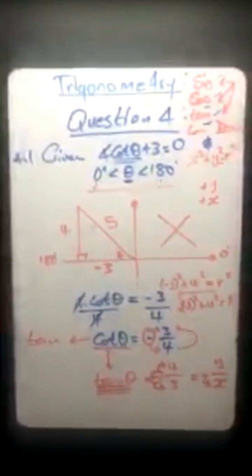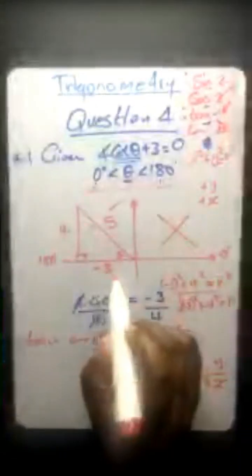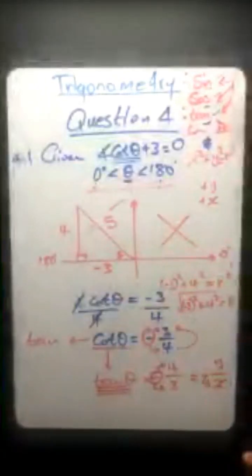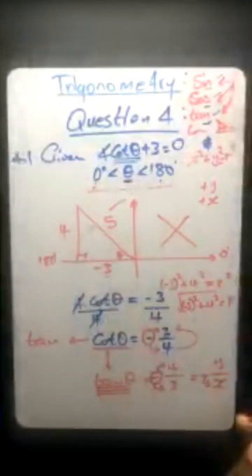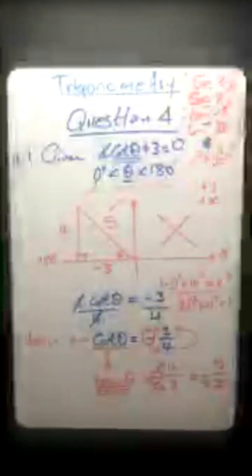Okay. Remember, guys, with this type of questions, what I like is that your hypotenuse is always bigger than your adjacent and your opposite. So that means if you got a value which was less than those, you know already that it is wrong.